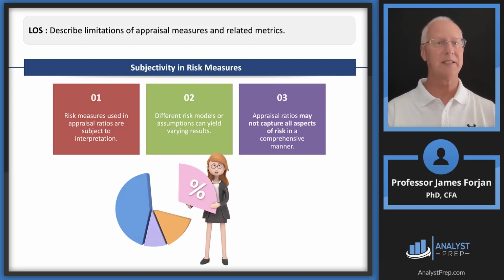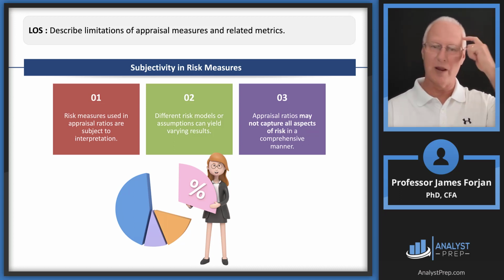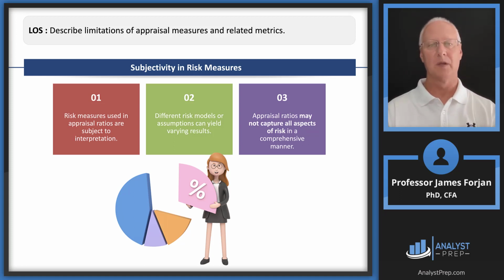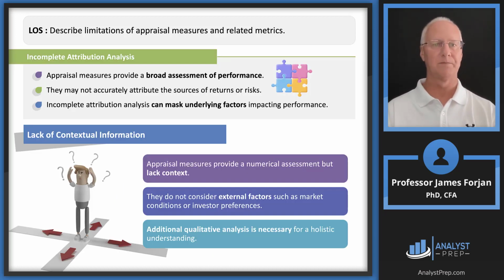So there's subjectivity in all of these risk measures. Subjectivity means that we can allow our personal viewpoints and our brain's mistakes to do things like subject to interpretation, varying results, not capturing all of the elements of risk.